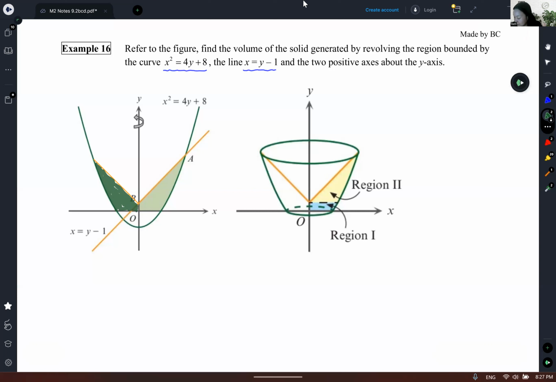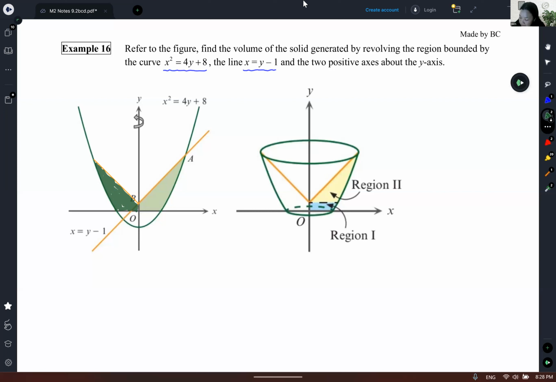Now the textbook gives you the illustration of the 3D figure, so you can imagine what it looks like. What you should notice is that at the bottom, this region generated by this blue region is not hollow, and this part is hollow.